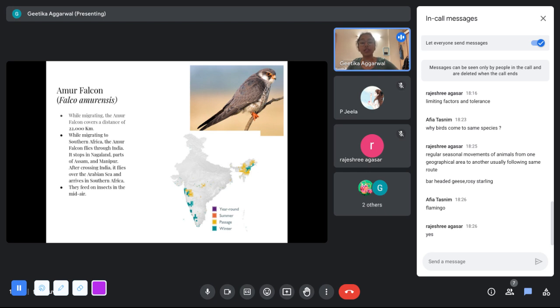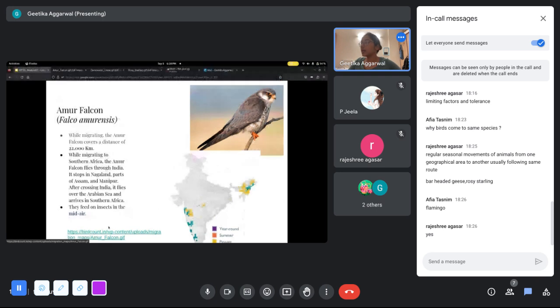It stops in Nagaland and parts of Assam and Mizoram during passage, and it flies over the Arabian Sea and reaches southern Africa. It's basically an insectivorous bird, and it's known to feed on insects in midair during its flight. Okay, and I will show you this GIF of its migration.